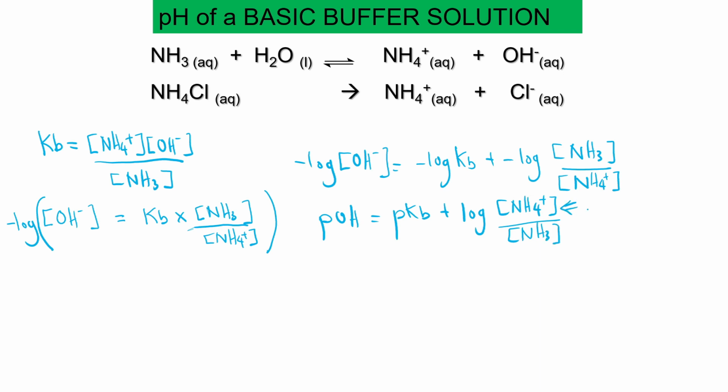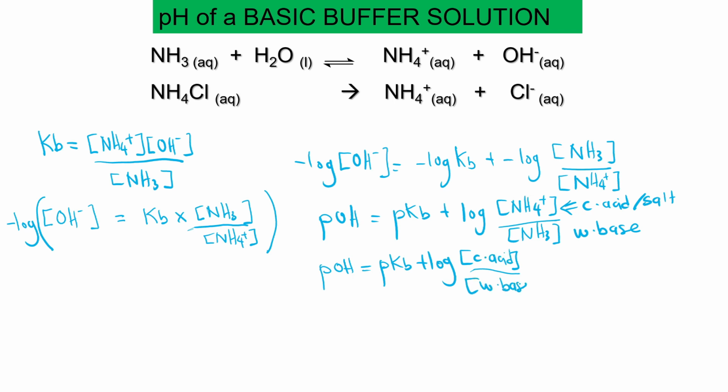Actually this one adalah apa ni? Conjugate acid ataupun kita punya salt concentration ya. And then this one is concentration of weak base. So we can rewrite this equation as pOH is equal to pKb plus log conjugate acid over weak base concentration.